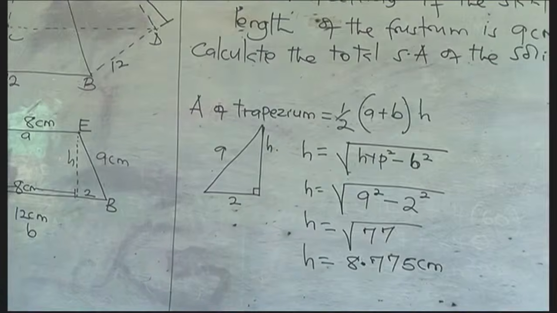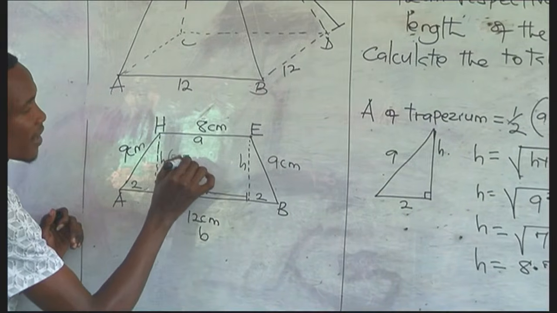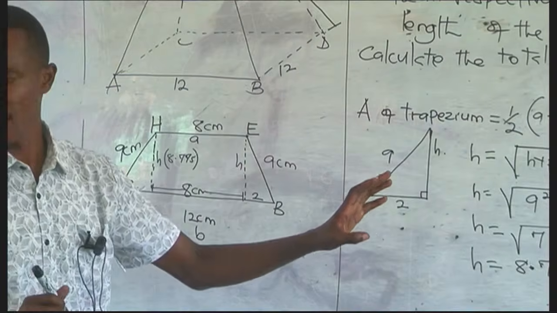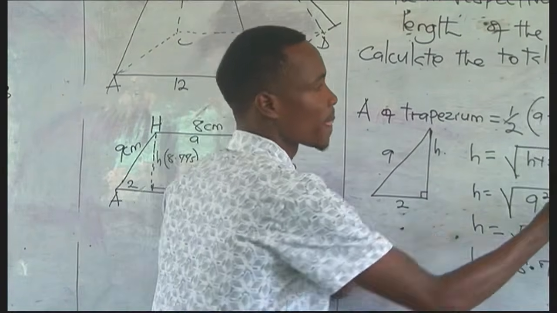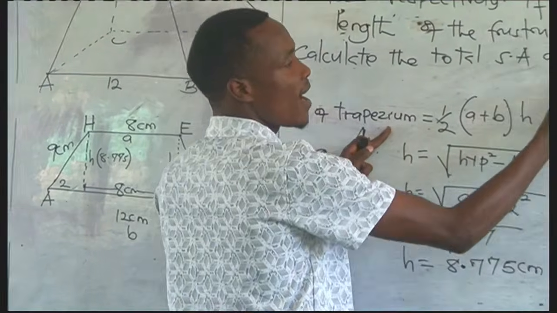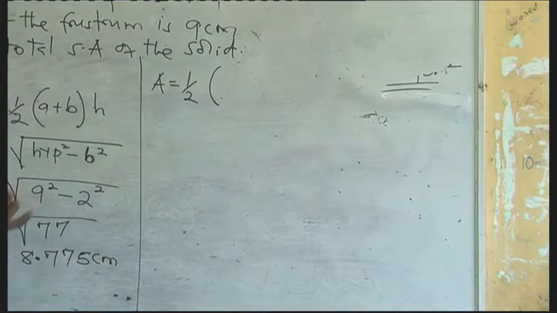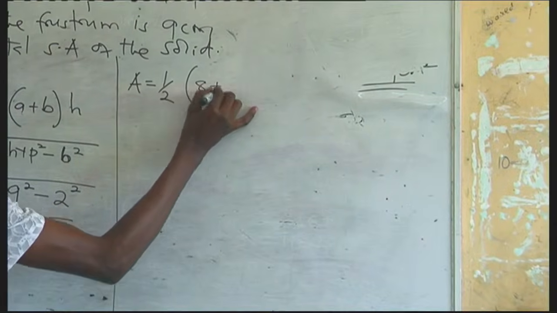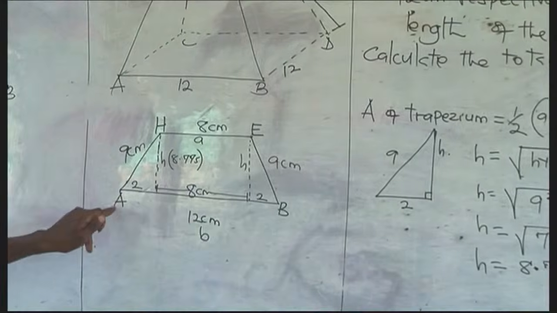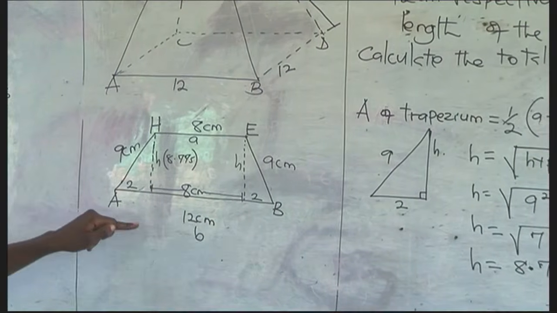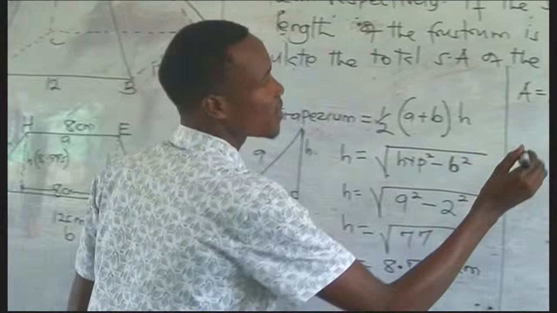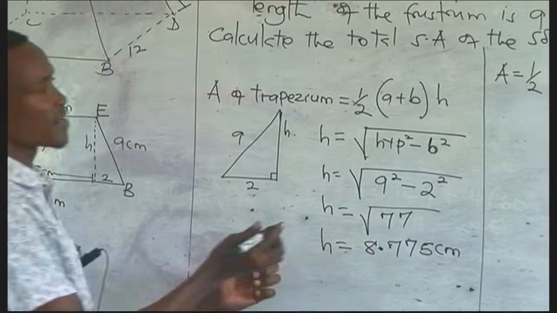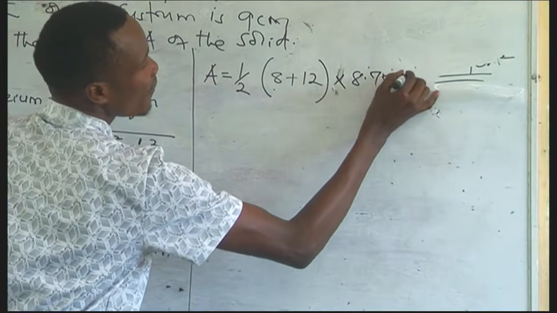So up to that point, we now have the height. That here is now 8.775. So you can now get the area of the trapezium. I want to move to this other side. So we will say the area was a half into our A. We said our A is 8, plus our B, which is the whole lower side, given as 12, times the height, which we have worked out here as 8.775.